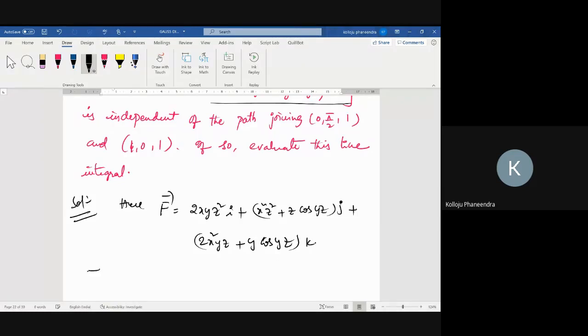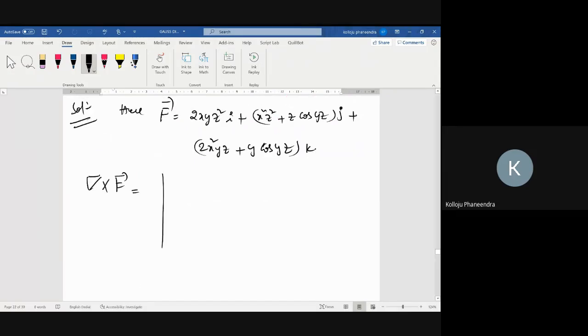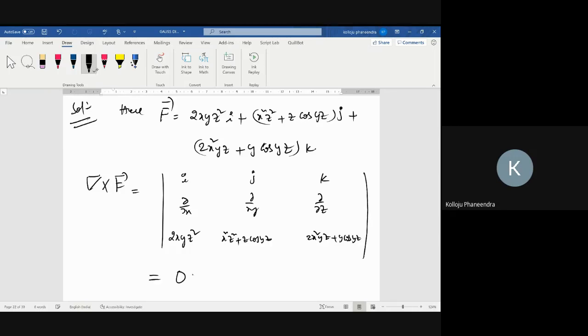This is f bar. Now find curl f bar, the determinant with i j k, dou by dou x, dou by dou y, dou by dou z, and the components. You have to find this; definitely you will get 0 as the answer.